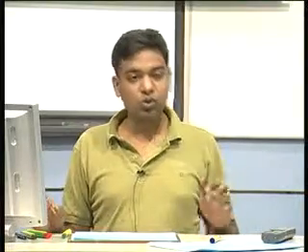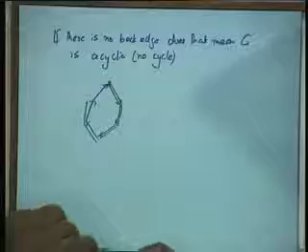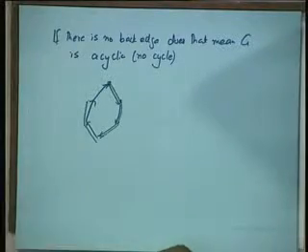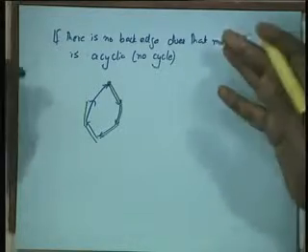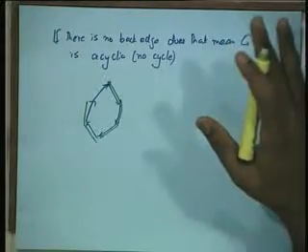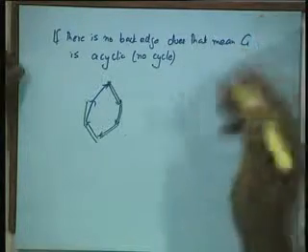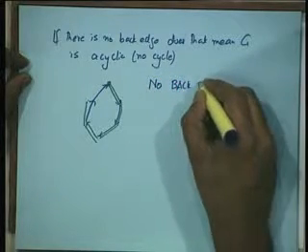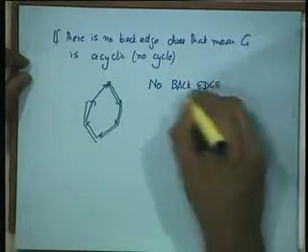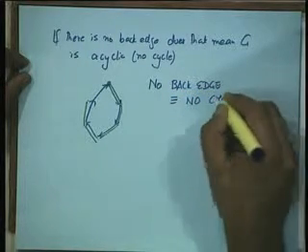Okay, so let me do a very interesting proof of this statement. Or what is the statement? Oh, this is not a statement, this is a question, right. So, the statement is no back edge means no cycle. For the cycle, sir, does that mean arrows going in only one direction?